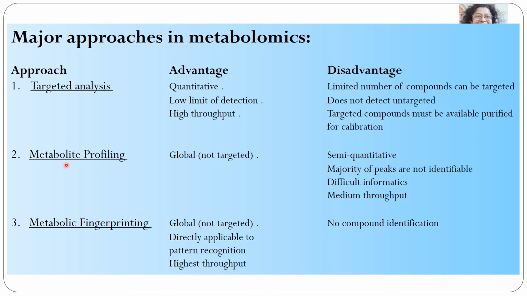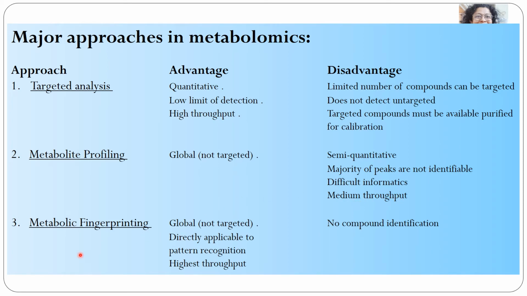Now the second approach is the metabolite profiling, and it is not targeted, and it is a semi-quantitative technique. So that is the disadvantage, and the majority of the peaks are not identifiable. The informatics is difficult and the throughput is not as high as the targeted analysis.